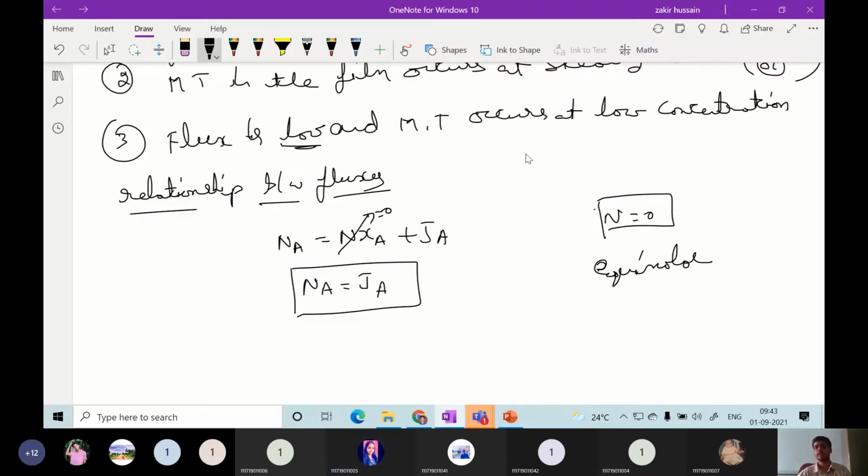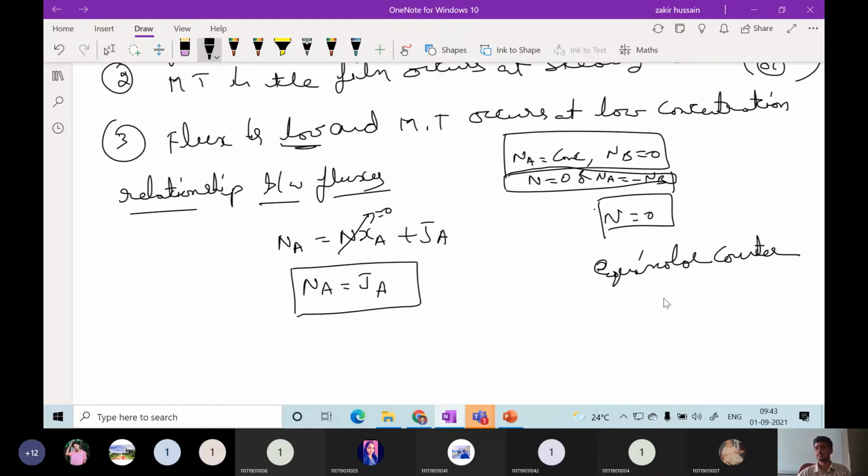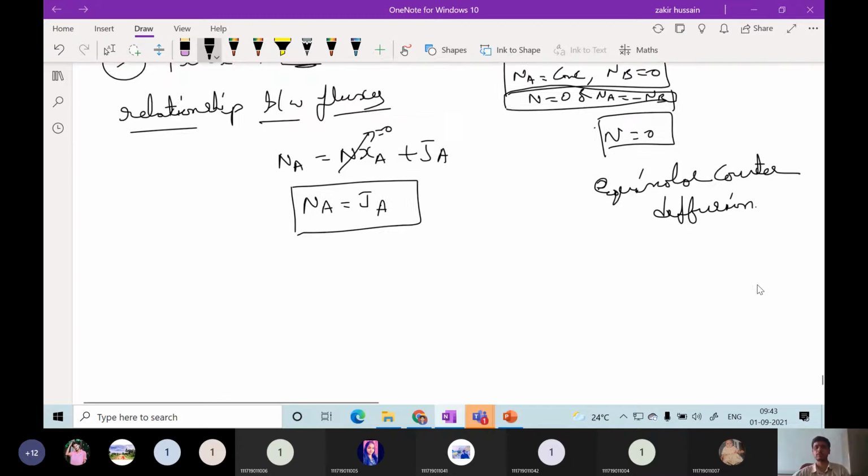A through non-diffusing B will be NA equal to some constant, NB equal to 0. Equimolar counter diffusion is where NA is equal to minus NB, so N is equal to 0 and NA is equal to JA. So this is the case of equimolar counter diffusion.